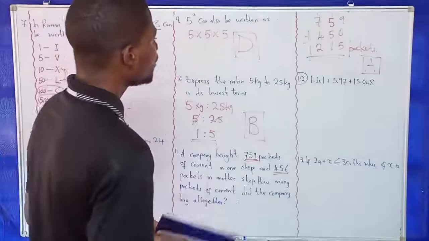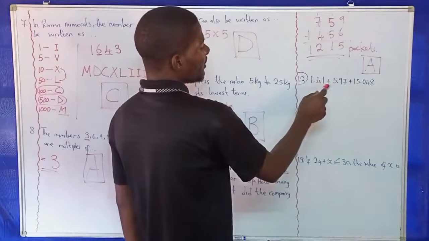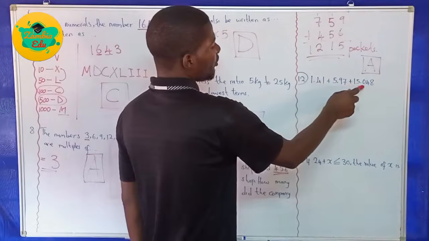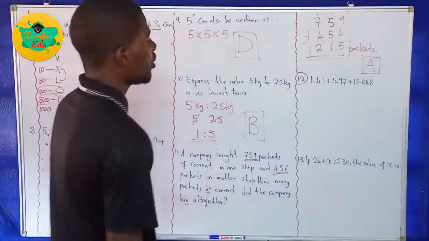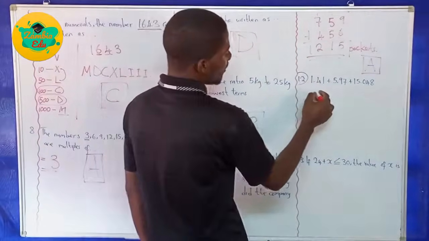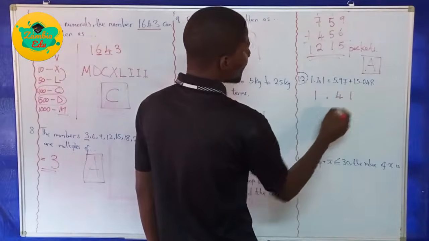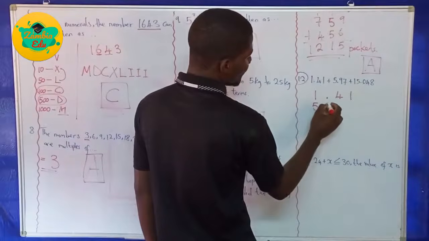Number 12, we have been told to add 1.41 plus 5.97 plus 15.048. So we are adding there 1.41. Next, 5.97. Make sure the point is in the same line.